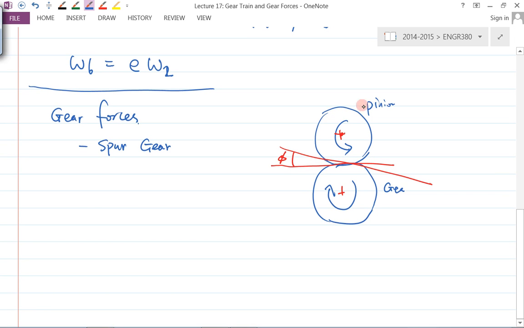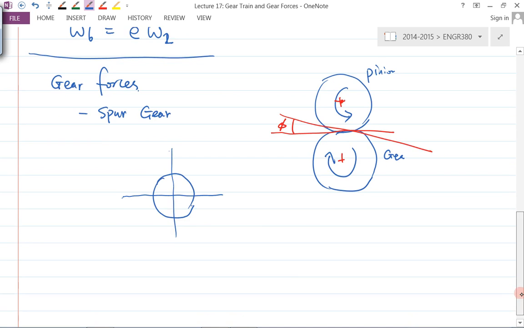So first of all, let's look at the free body diagram for the pinion. Okay, if this is the pinion circle here, and what is a force felt by the pinion? So this is the pressure angle, right?